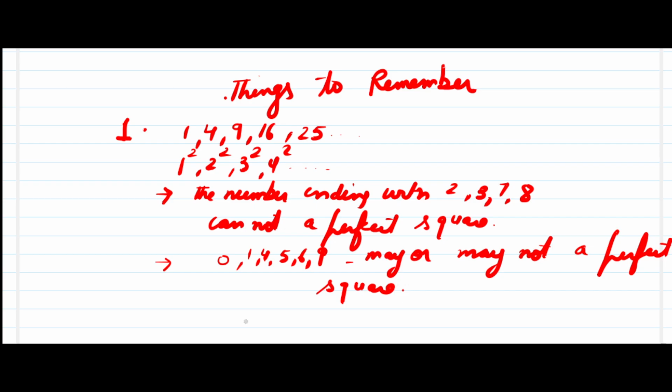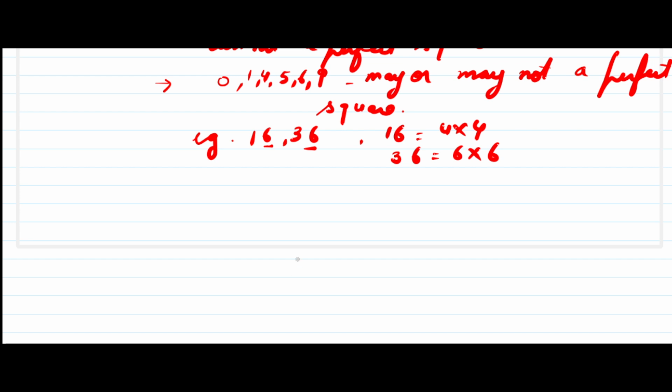Why am I saying this to you? Let's take an example. 16 or 36, both are ending with 6, right? And yes, 16 can be written as 4 into 4, which is a perfect square. 36 can be written as 6 into 6, which is again a perfect square. But tell me one thing, what about 26?